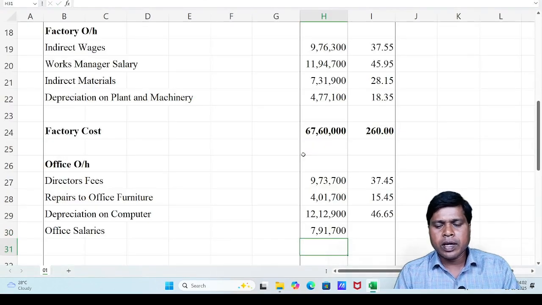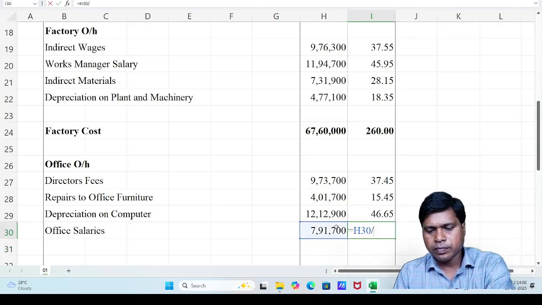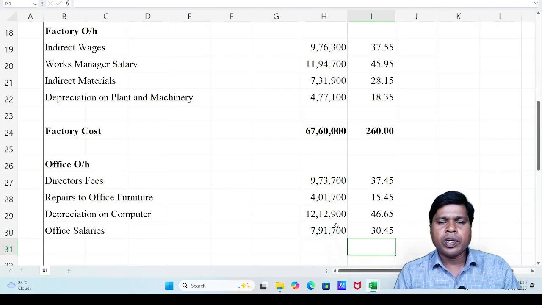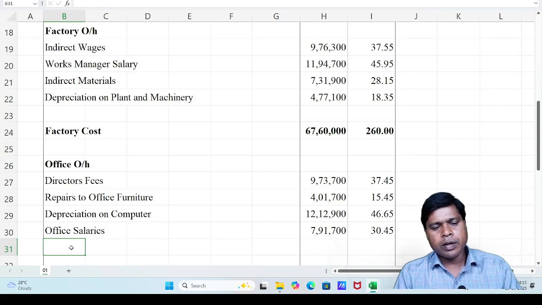Amount 7,91,700. Per unit 30.45. Now all items of office overheads are over.